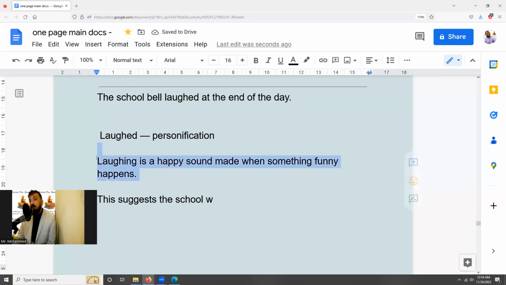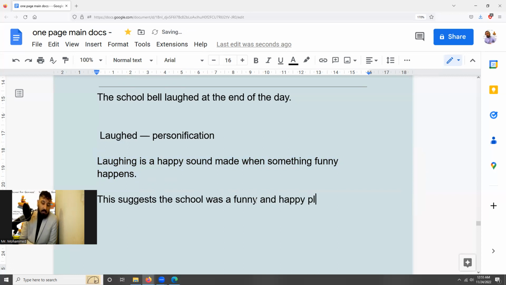So this is the reason we do this step. It gives us the answer, basically. This suggests the school was a funny and happy place. It's that simple. It's a funny and happy place. So funny, so happy. Even the bell is laughing.